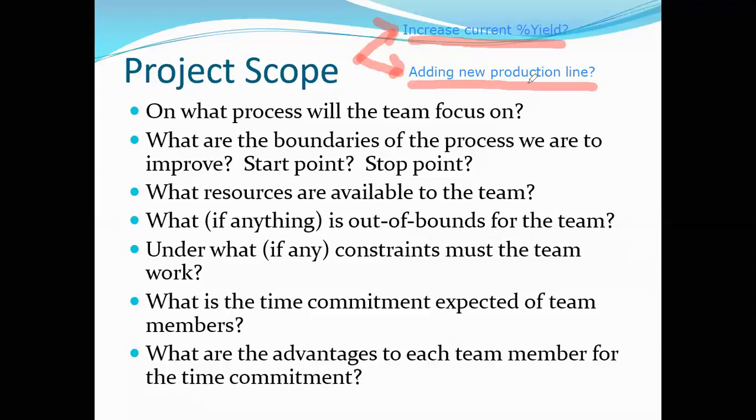Or maybe the team will consist of the business development team, the team that will discuss the layout and the knowledge transfer of the new technology of the new production line. So we have to make it clear first about the scope of the project.